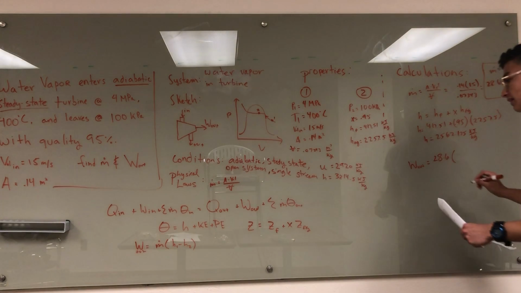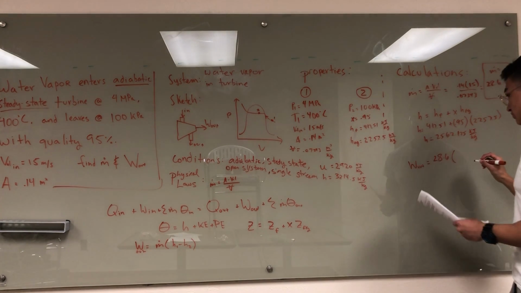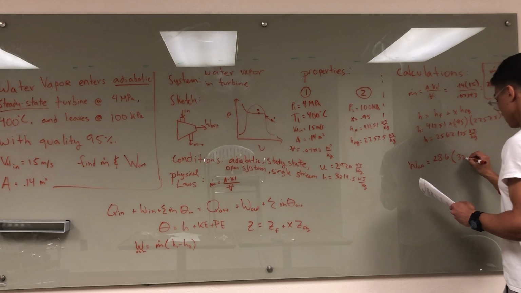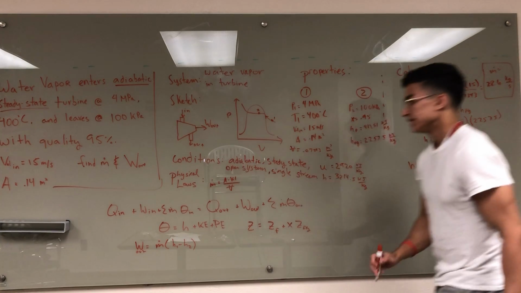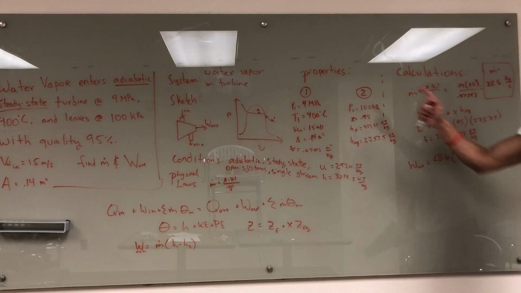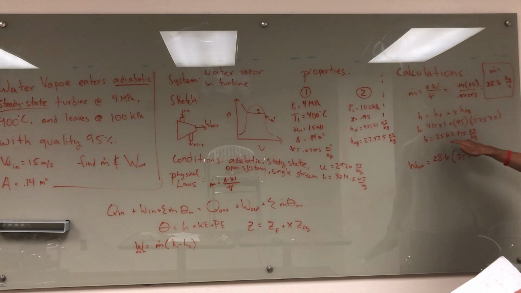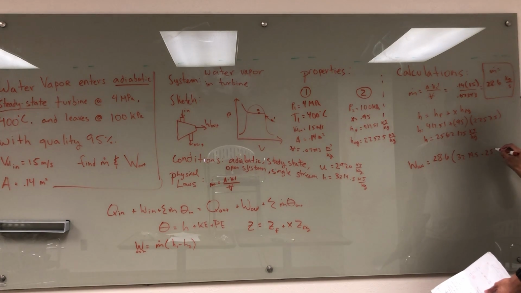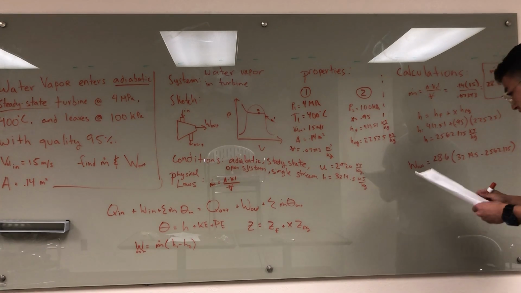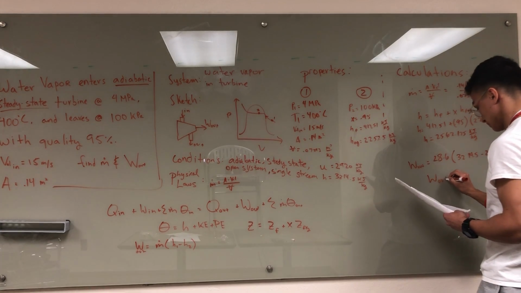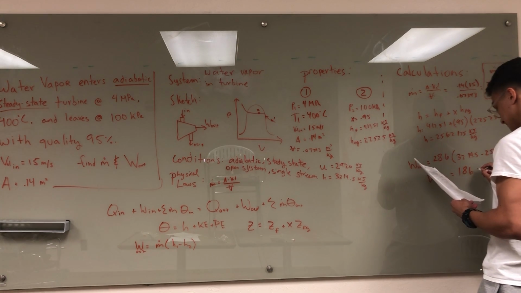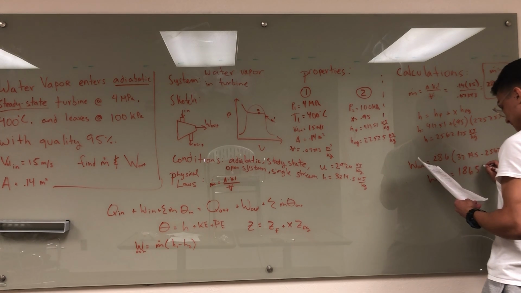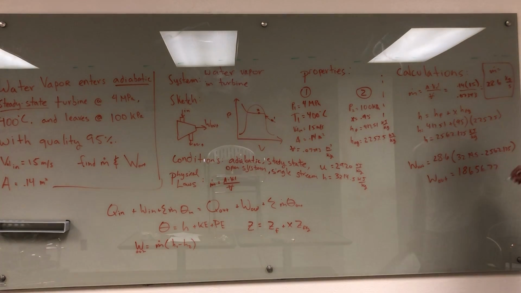So the enthalpy at the inlet is going to be 3214.5. And then what's the enthalpy at the outlet? Well, remember, we got our quality and we plugged it in to see what it actually was, and it's 2562.135. And once you crunch those numbers, you're going to end up with the work out equals 656.77, and these are going to be in kilowatts.